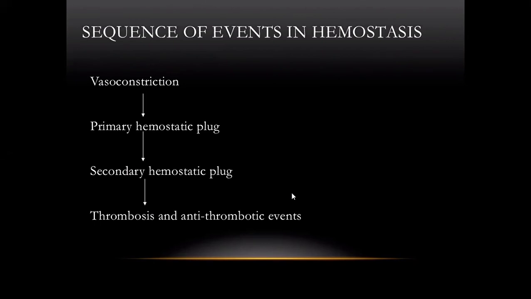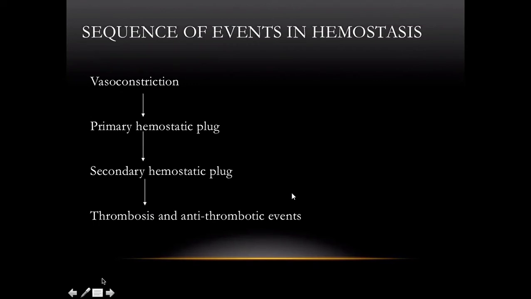And there will be thrombosis and anti-thrombotic events. So thrombosis also is a double-edged sword. Normally, may nagtuthrombose tayo, but kailangan kaagad yan ma-relieve para hindi mag-over, by anti-thrombotic agents present normally in our body.